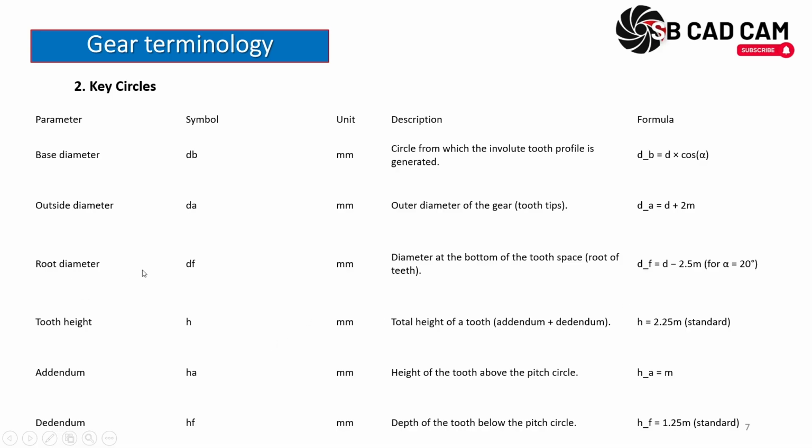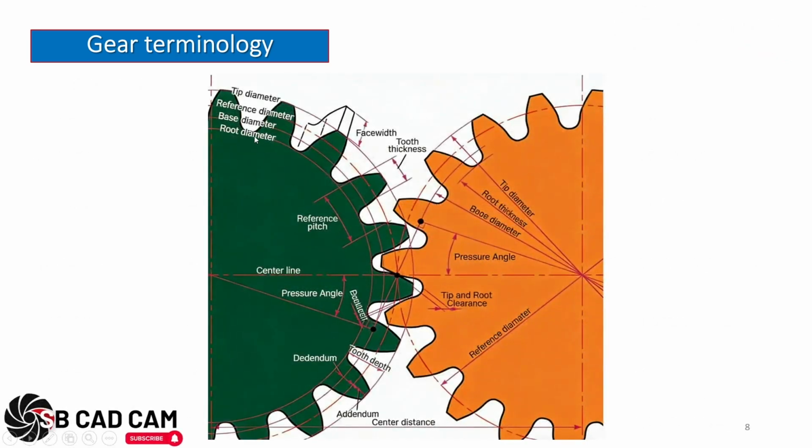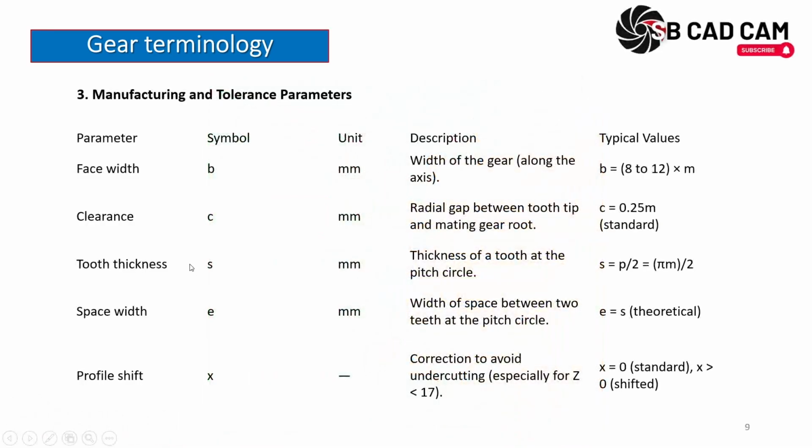We have the root diameter. It is d minus 2 times and a half m for 20 degrees of the pressure angle. So we can find it here, the root diameter.